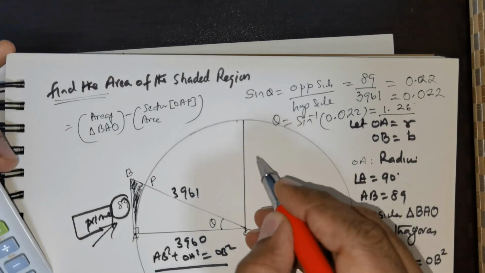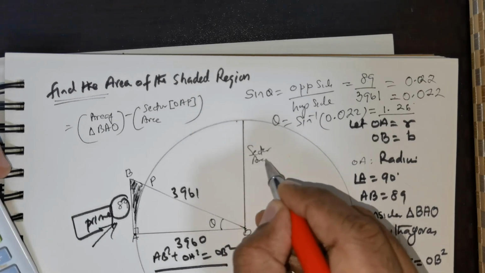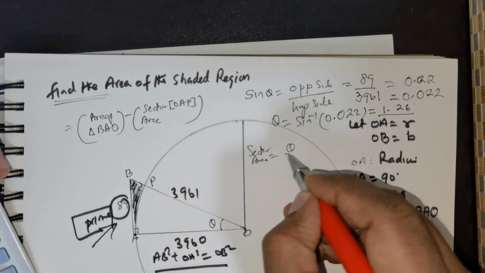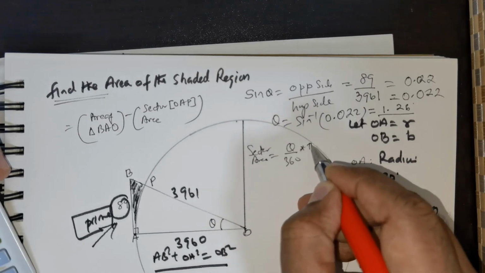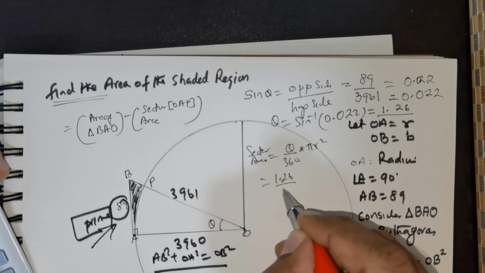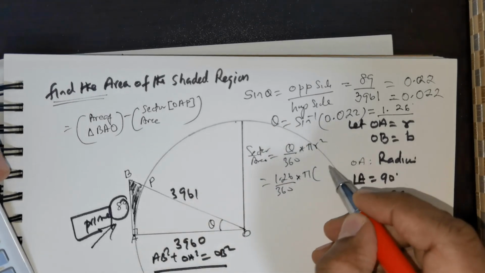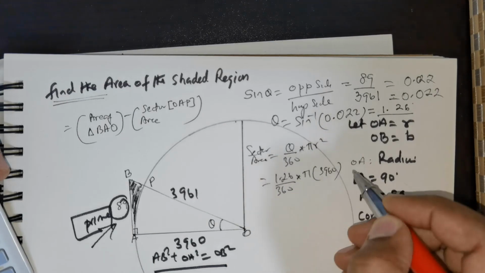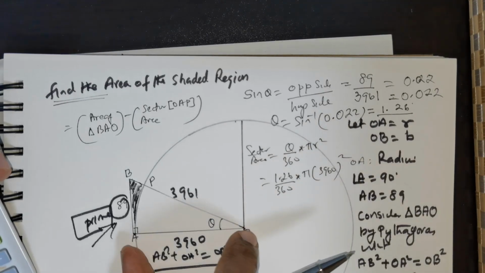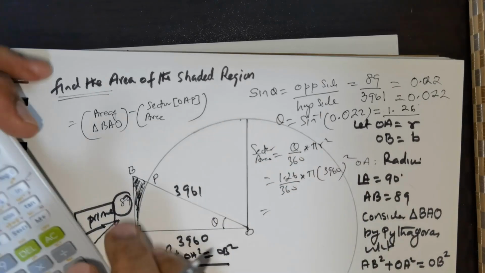Okay, so sector area is equal to theta divided by 360 times pi r squared, which is equal to 1.26 divided by 360 times pi times radius 3960 squared. This is the radius.